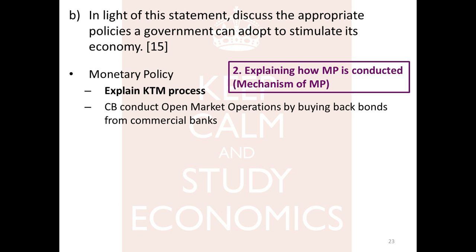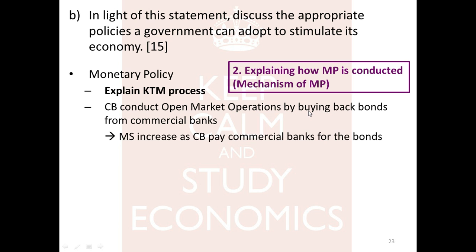For completeness sake, I would actually be very happy if you can include it in your essays. Okay, so for expansionary monetary policy, the central bank is buying back bonds from the commercial banks, and money supply increases when the central bank pays the commercial banks with cash.